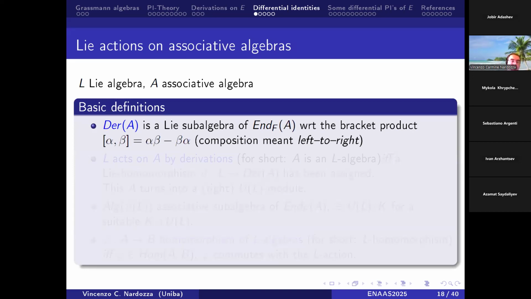We know that the derivation algebra of A is a Lie subalgebra of the full algebra of linear transformations of A with respect to the bracket product, a subalgebra of GL of A. The only care to take is that in this talk we adopt exponential notation, so derivations act on the right of the elements of A, and the composition of linear derivations is meant left to right: first alpha and then beta.